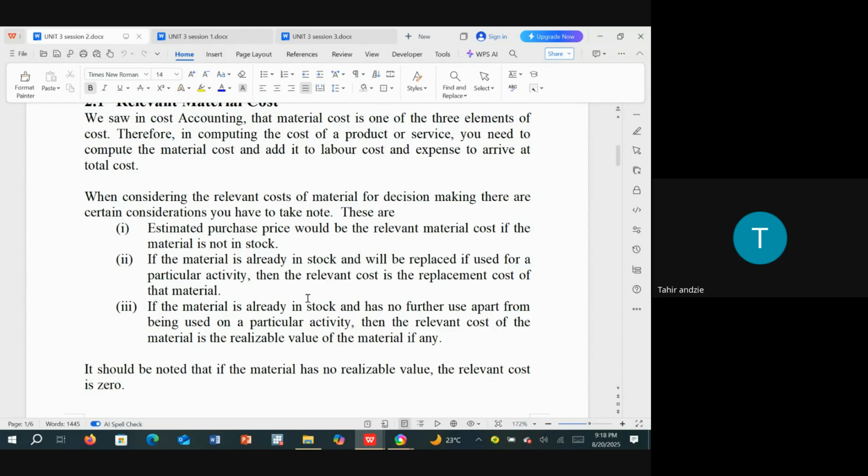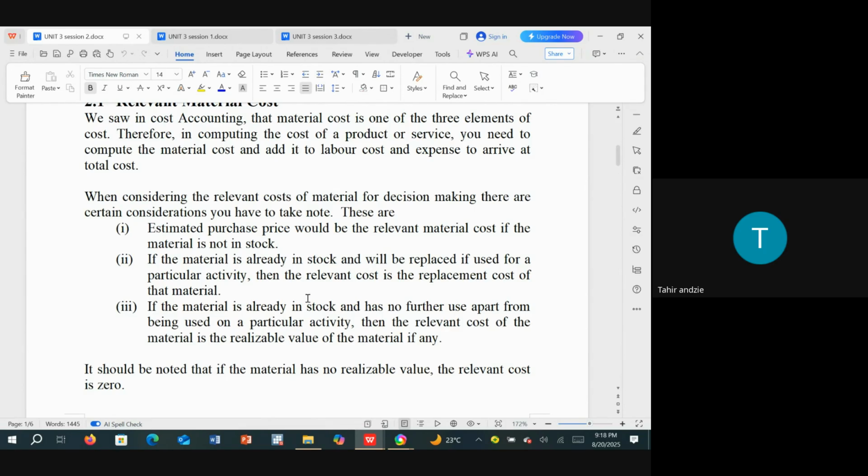So the conditions I mentioned are just 4. The first one is ask yourself if the material is in stock. If the material is not in stock, you have to go and buy it purposely for a particular decision or a particular item. Then the estimated purchase price becomes the relevant cost. But if the material is in stock but used regularly and will be replaced when used, the relevant cost is the replacement cost.